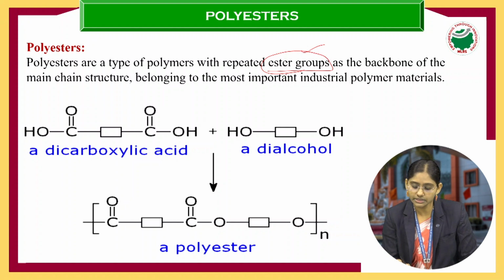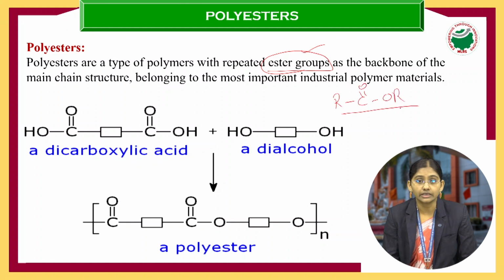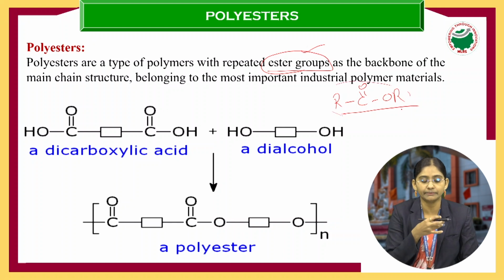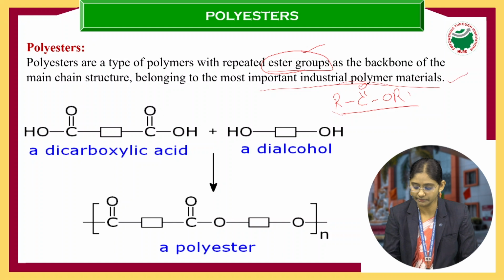Ester means what functional group? RCOOR. Okay, so this is called an ester group, and it is present in the backbone of the polymeric chain, or the main structure.